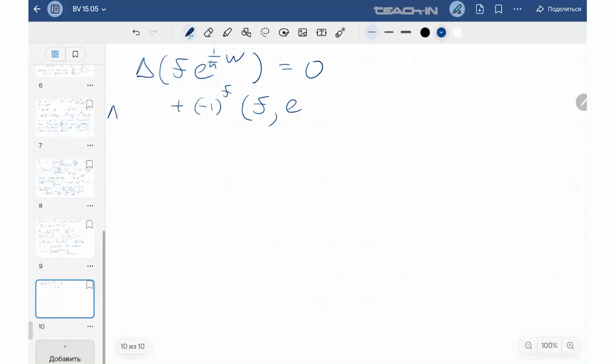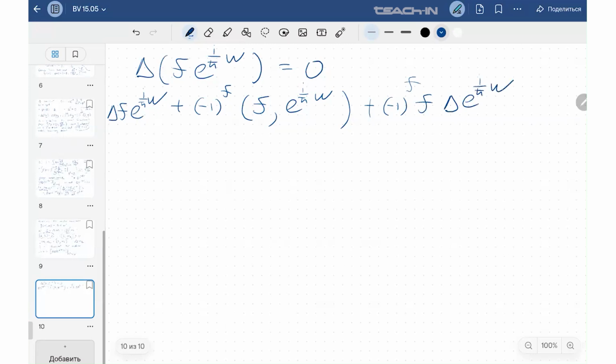So it's delta F times exponential. Then we have the anti-bracket, like this. And the last term is when delta hits the exponential, but we assume that W satisfies the master equation, so it's going to vanish. But let me anyway write it.